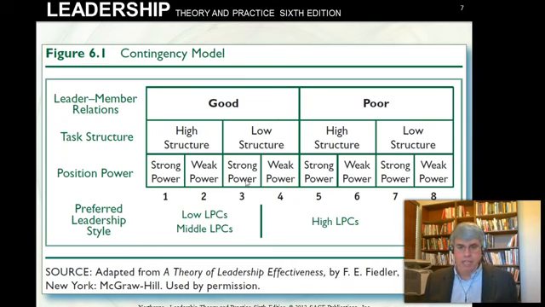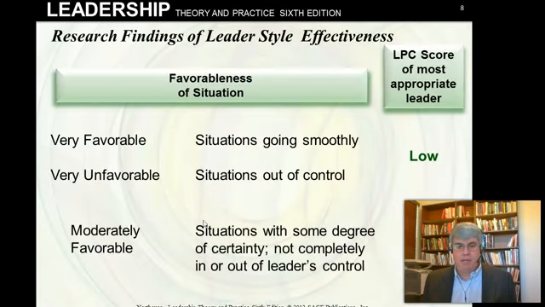But in between, it's better to have a high LPC, to be more motivated by having the right relationships so that people can coordinate their effort. And like I said, this is pretty well empirically supported. The exact position of this line, maybe push it over here, that might be better.